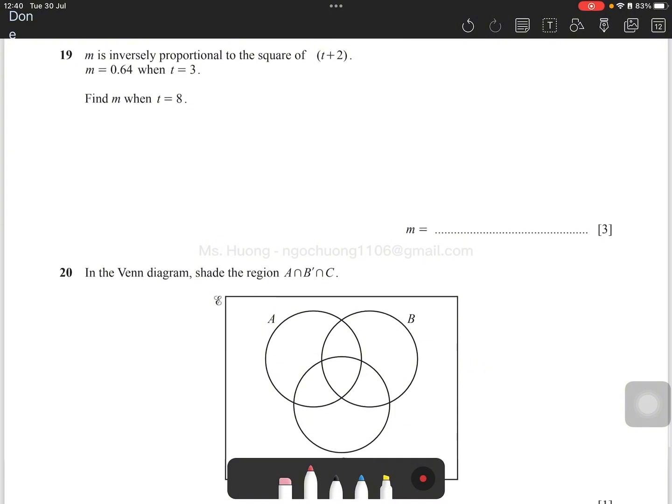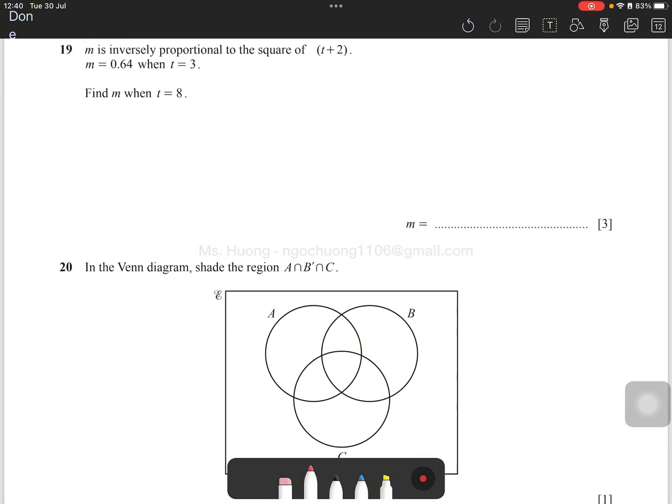Question 19. M is inversely proportional to the square of t plus 2, which means M is equal to k over (t plus 2) squared. When M is 0.64, then t is 3.